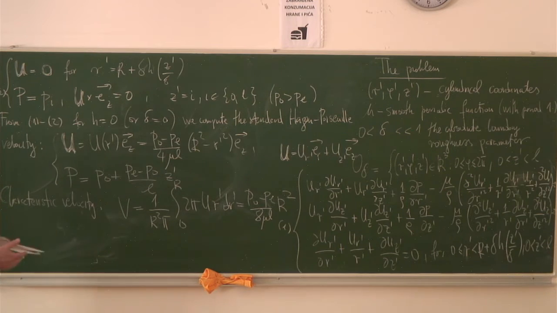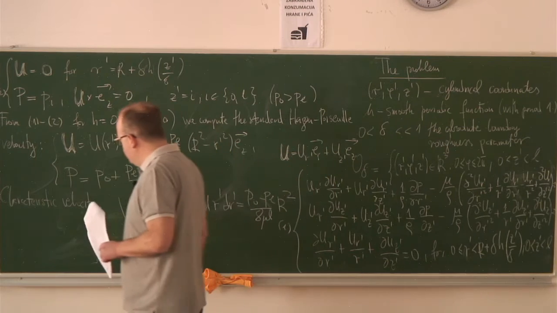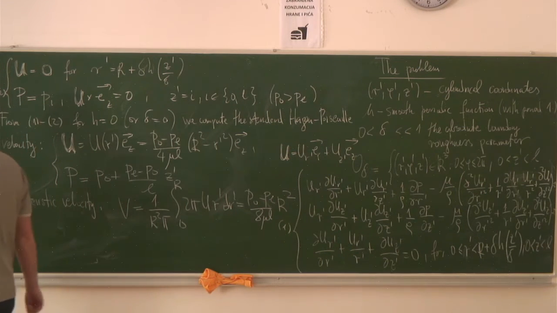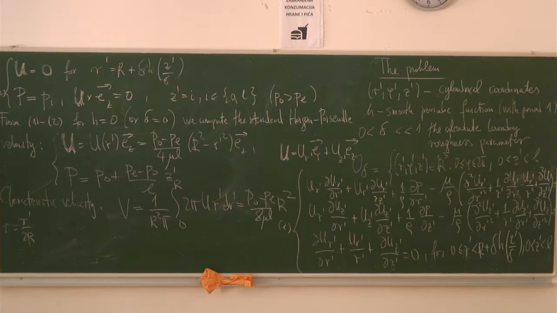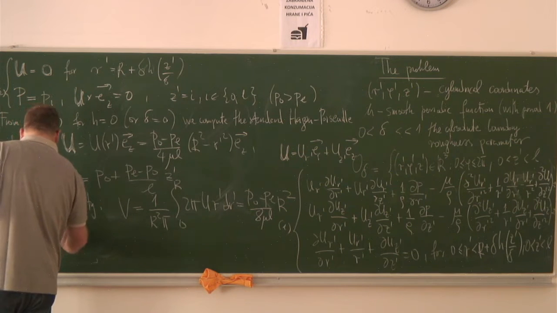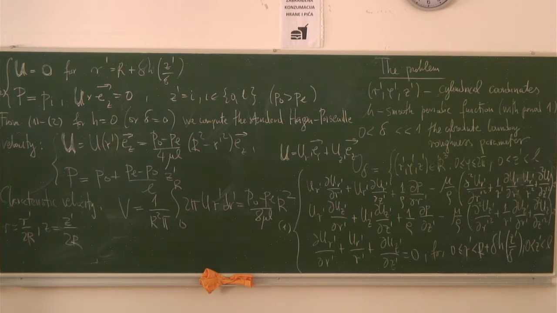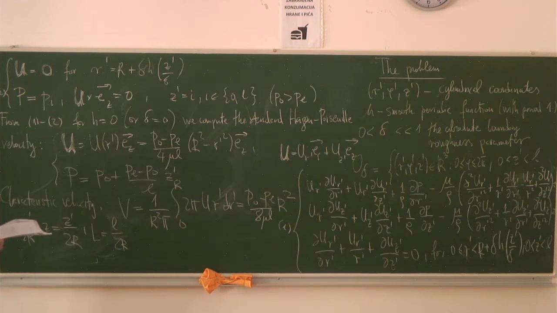And then we introduce the dimensionless variables. It is also useful to have somewhere this. So first we divide all physical variables by this term here, making it dimensionless. We also divide the pipe's length.